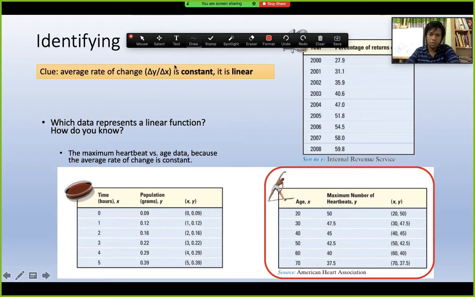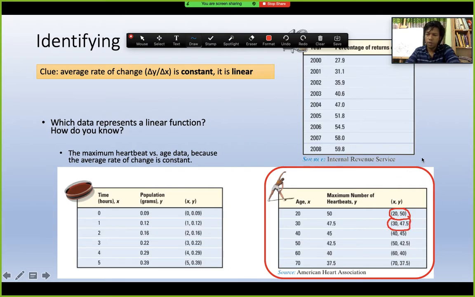Let me show you how to find the slope with one value. You can choose any points. To find the slope, we have to choose 2 points. Suppose we choose this point and the next point.